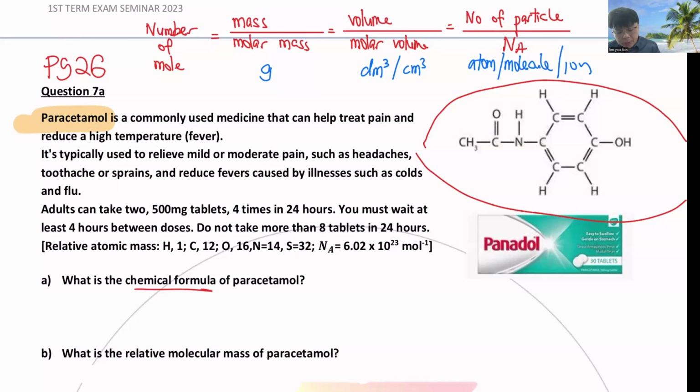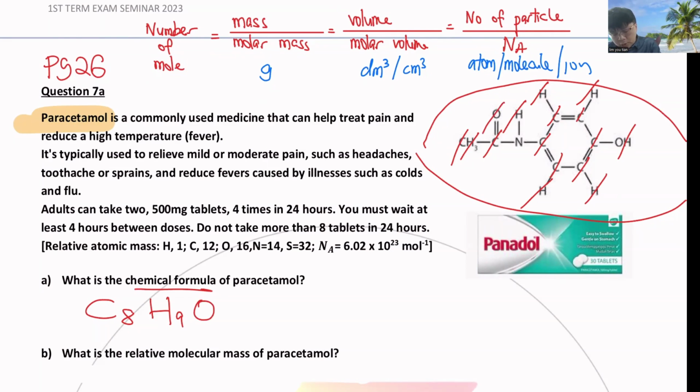Very simple. First, you calculate the number of carbons. For example, here one carbon, two, three, four, five, six, seven, eight. So you will have eight carbons. Then the second one you need to calculate is how many H: one, two, three, four, five, six, seven, eight, nine, so H9. Then how many O do you have?